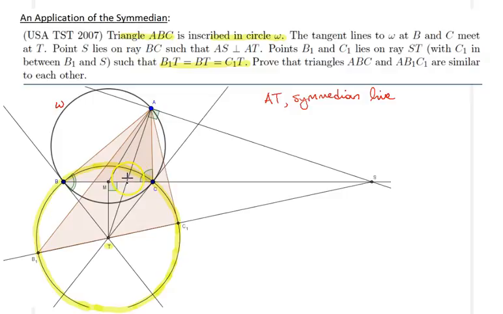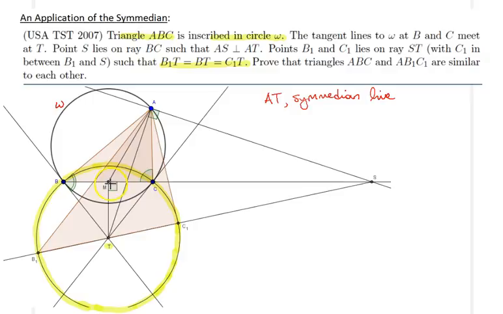In addition, what I drew in the picture is to visualize this, because I know AT is the Symmedian and I know it must be symmetric to the median with respect to the angle bisector. So I went ahead and located that midpoint M. Point T will be on the perpendicular bisector of BC, so therefore M will be aligned with that T here.